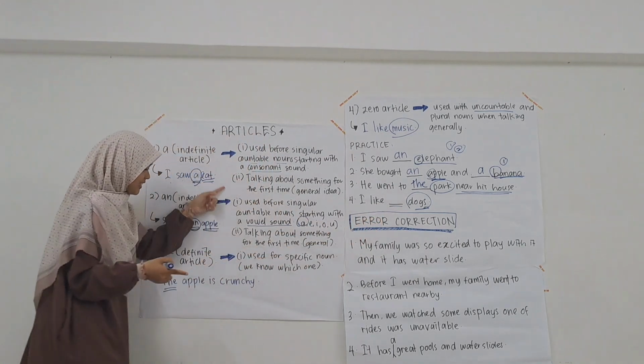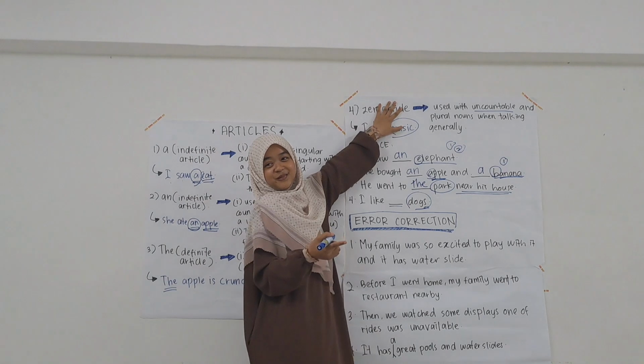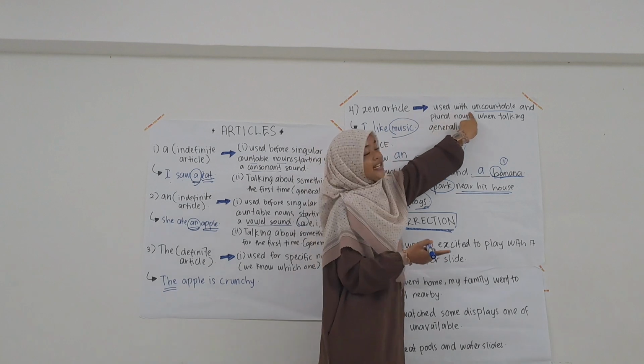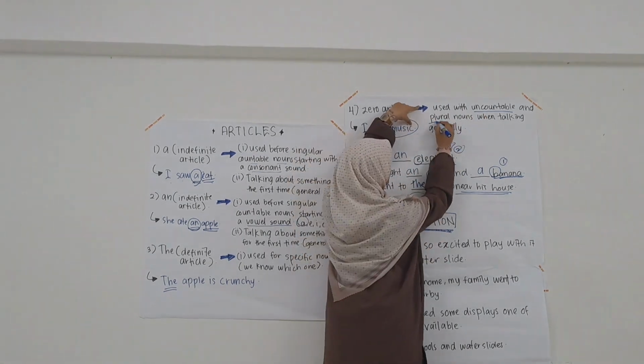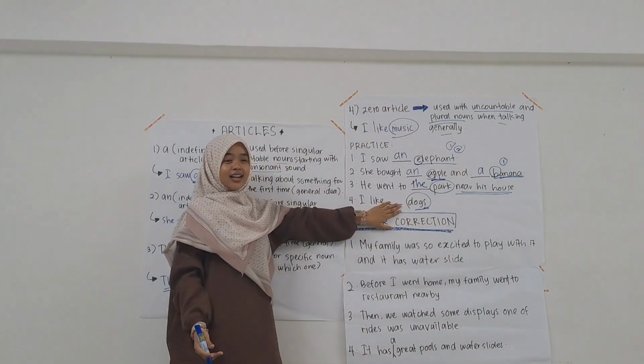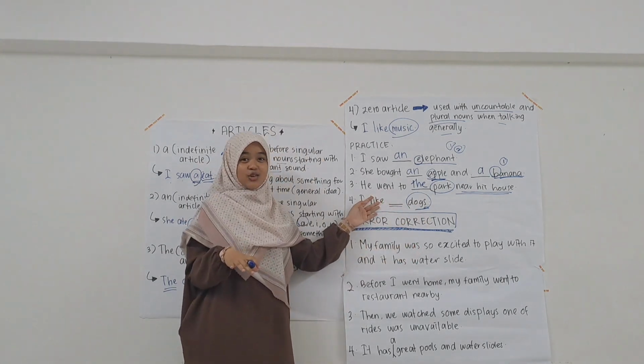Okay, so let's look at the criteria that I've written here. Let's look at zero article. Zero article is used with uncountable noun and plural nouns when talking generally. So in the sentence, is it referring to a specific dog that this person likes? No, right? Okay.